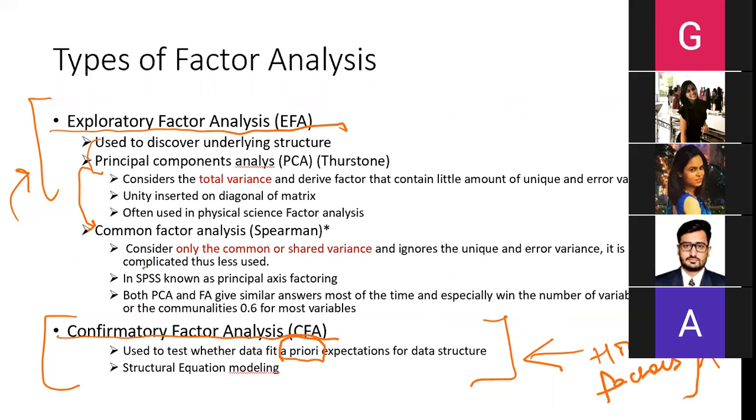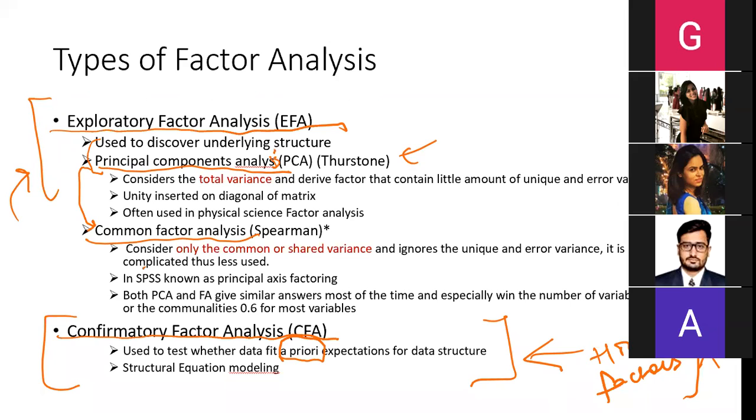Just remember the difference between confirmatory and exploratory. Then there is principal component analysis, PCA, and common factor analysis. PCA is very important and very widely used, and even in machine learning algorithms we use principal component analysis.